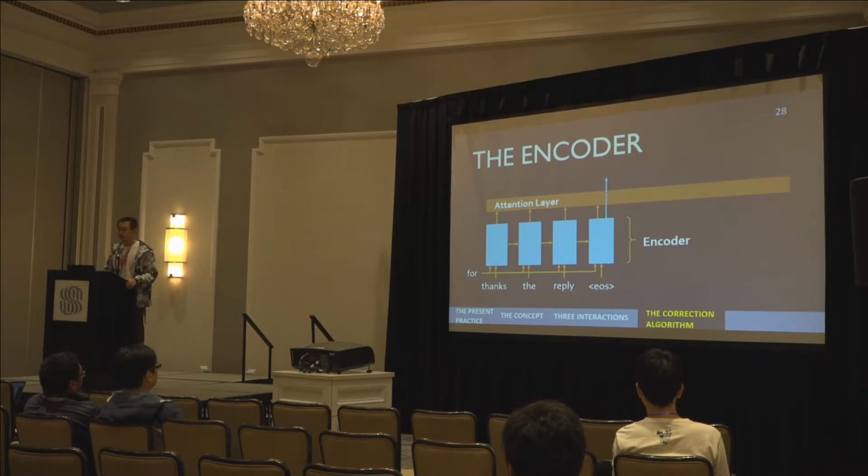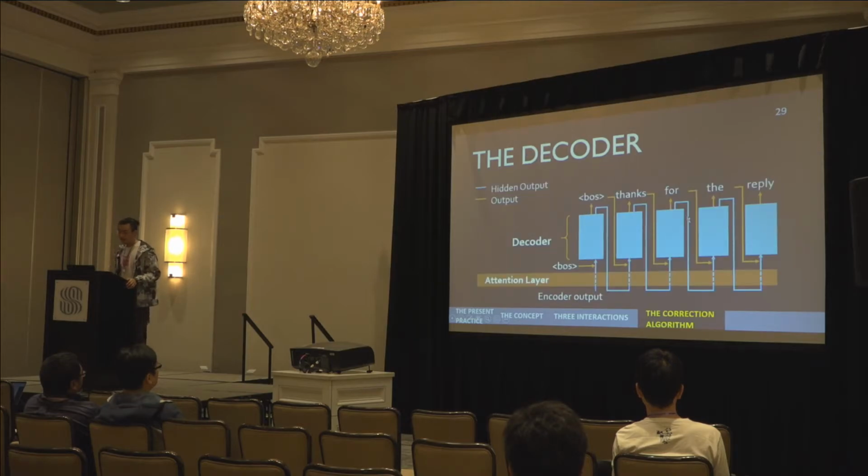That's why it's called recurrent. At every step, a word is fed into the encoder, such as "thanks," until the end of sentence mark is met. Together with the correction, the output will be fed into the attention layer and the next turn of the RNN. And here is the encoder.